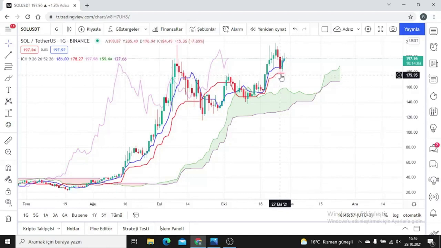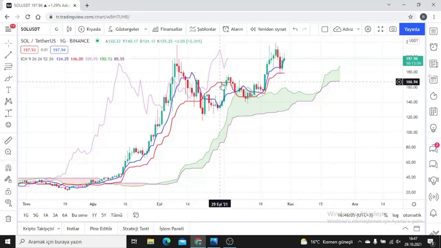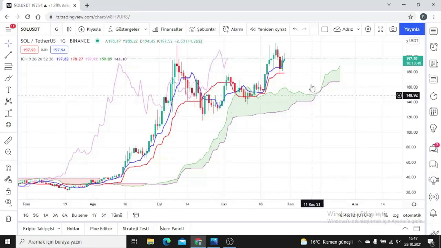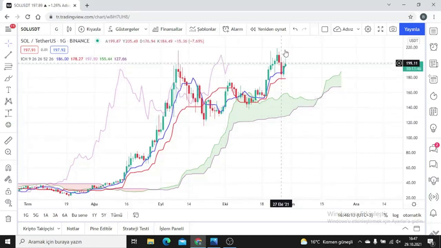So these clouds are a support. The Kijun-sen you see here is a support, guys. It even tested a candle on the Kijun-sen here and struck up again. It worked as a boost. In the same way, friends, when it goes above the price, it works as a resistance, the Kijun-sen, let's know that.